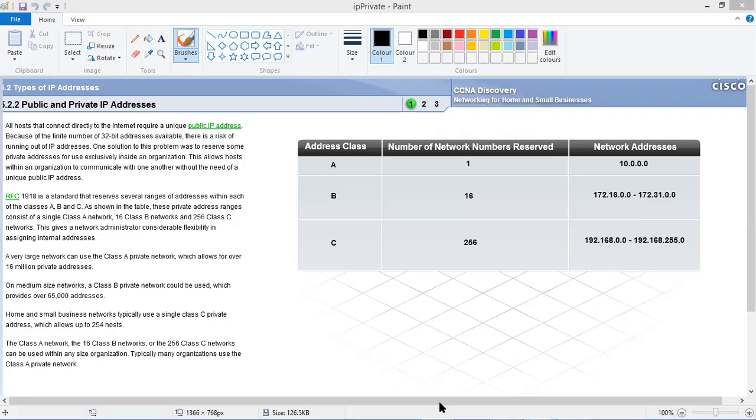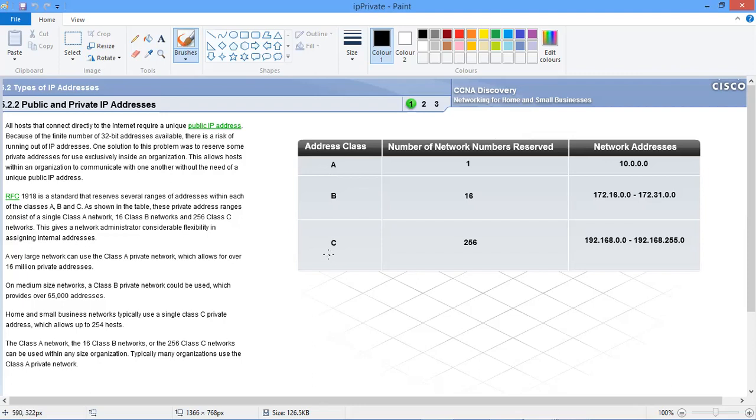Okay, so private IP addresses. All IP addresses are for sale, but what we have here is what you can use in your local LAN.